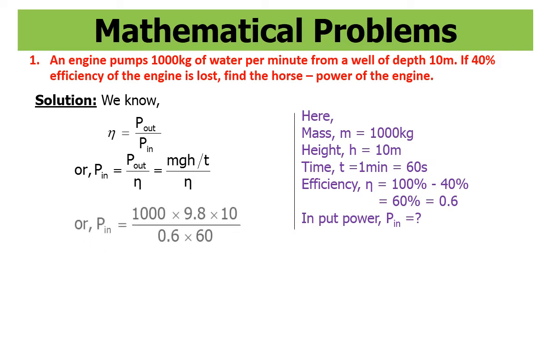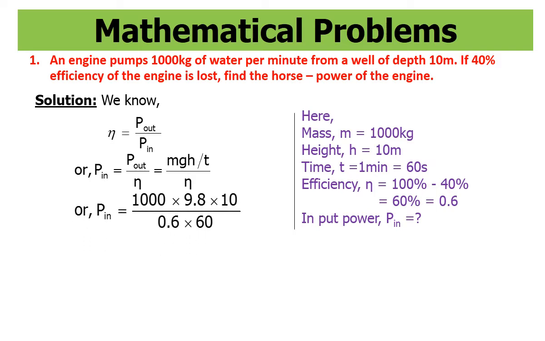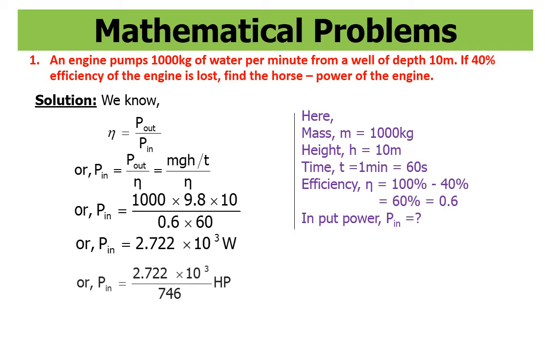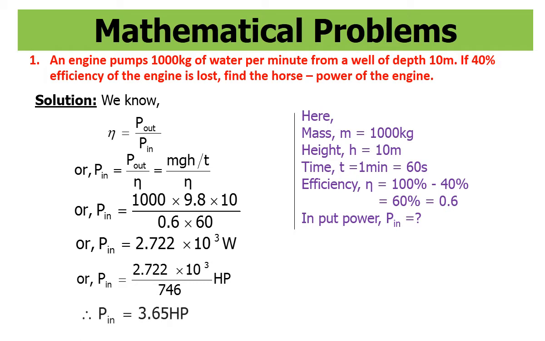If we put the values of these quantities, then we get the power in watt unit, which is 2.722 into 10 to the power 3 watt. Now we have to convert the power into horsepower unit. How? If we divide by 746, then we get the horsepower, and the output power will be 65 horsepower.